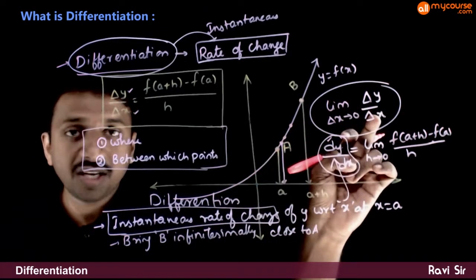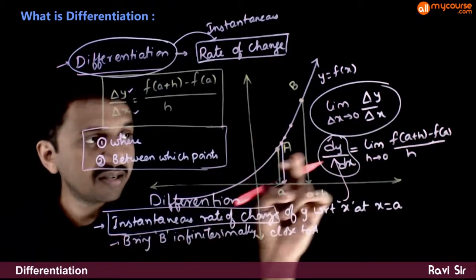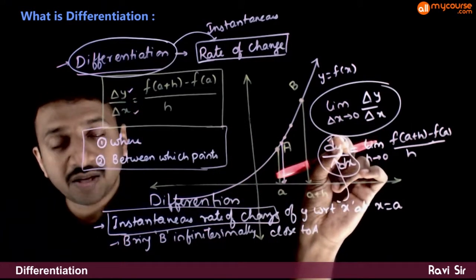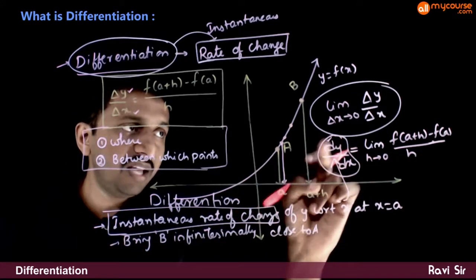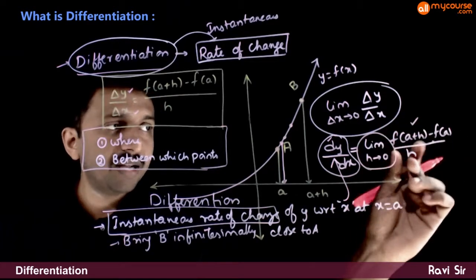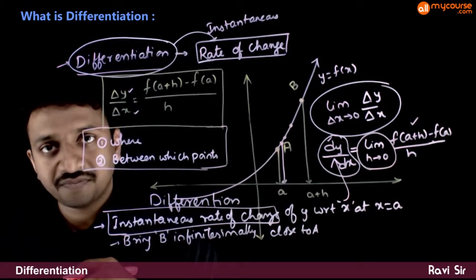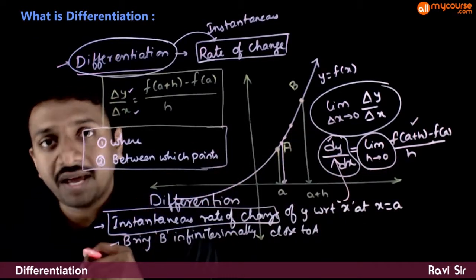Delta is finite change; delta y is finite change in y by finite change in x. Dy by dx is infinitesimal change in y by infinitesimal change in x. So dy by dx is limit h tends to 0 f of a plus h minus f of a by h.